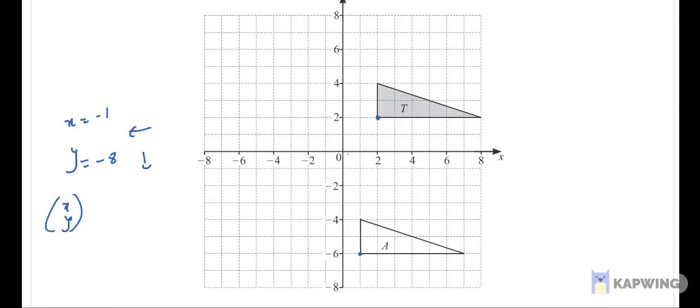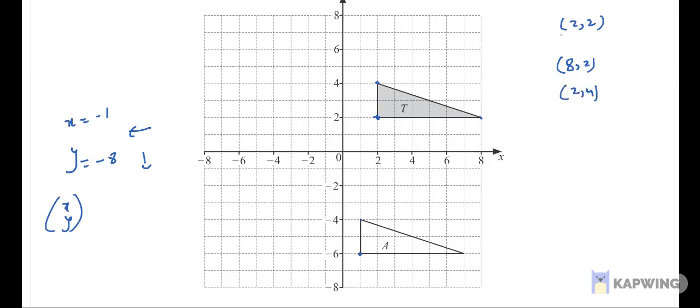If you want the center 0, 0 and the scale factor is -1/2, from 0, 0, write the coordinates of each point. What are the coordinates of this point? 2, 2. What are the coordinates of this point? 8, 2. Okay, what are the coordinates of this point? 2, 4.